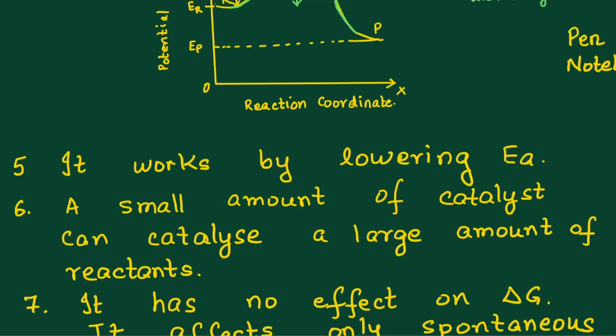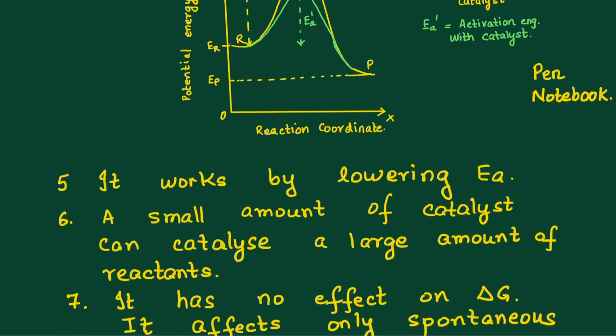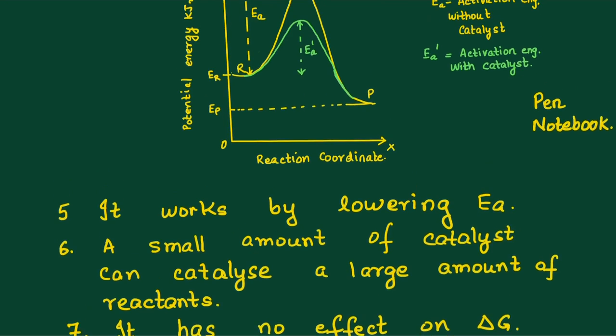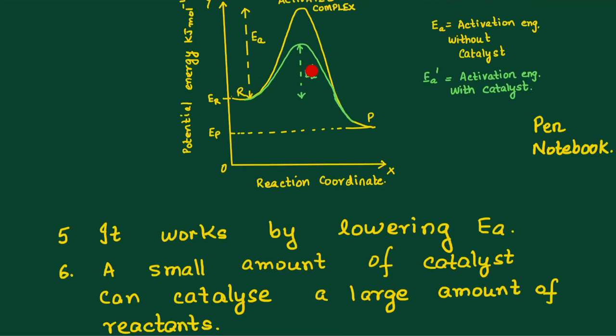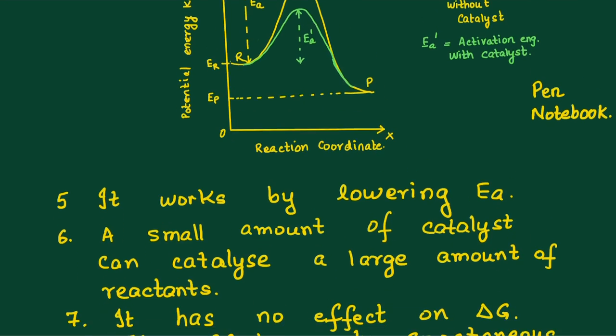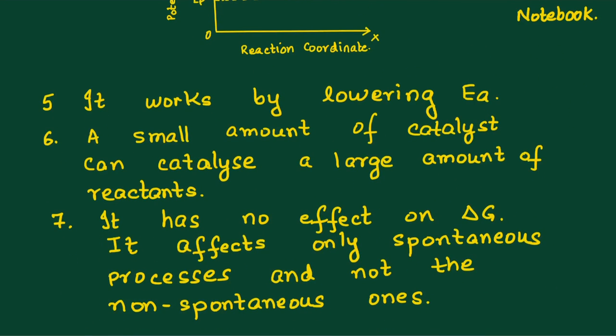So we say the next point, characteristic of a catalyst. It works by lowering the activation energy, right? And as we said, it lowers the activation energy of the forward and the backward reaction to the same extent in an equilibrium.